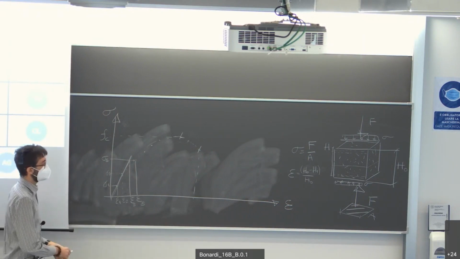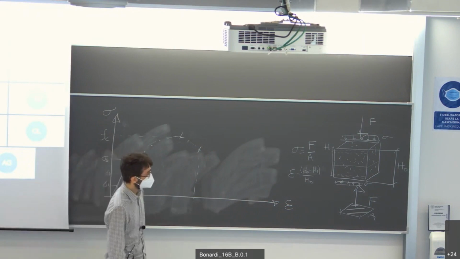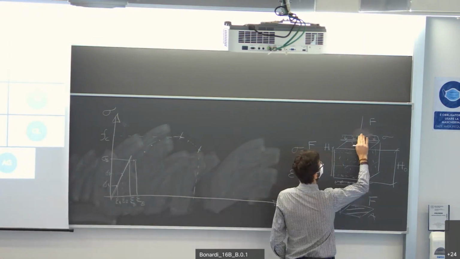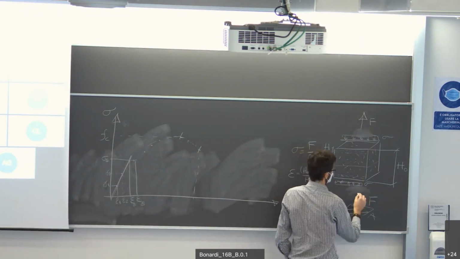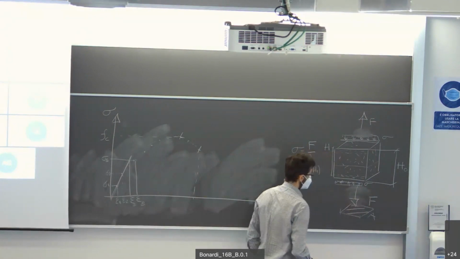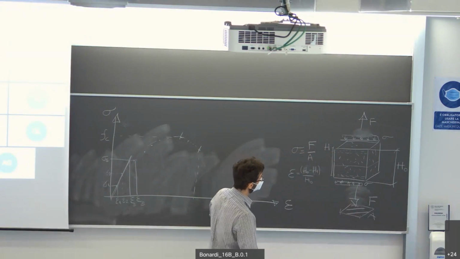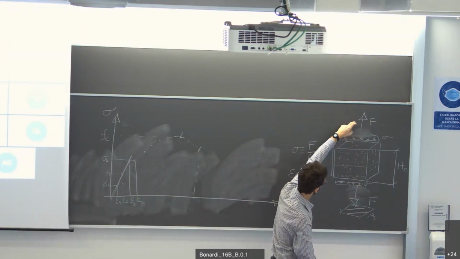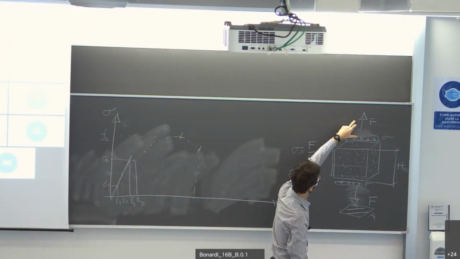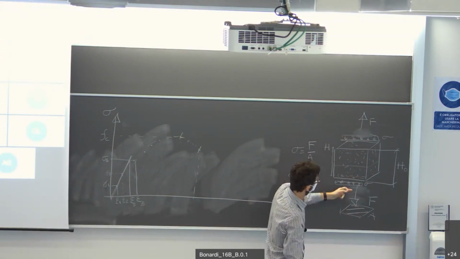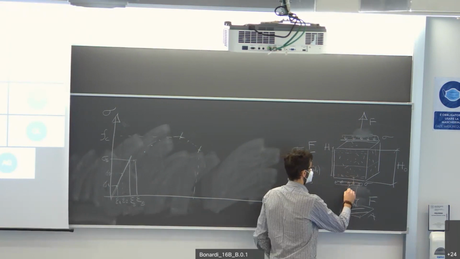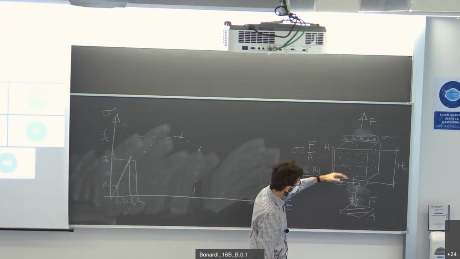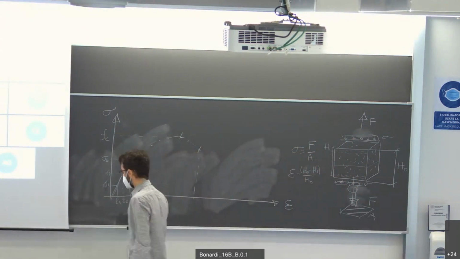Instead, if we look at what happens on the other side, we're not applying the compression force, but the tension force. So we're trying to pull apart this part from the other one. Maybe we can hang it to a rope, hang it to the ceiling, and then hang the load on this sample, increasing the load.